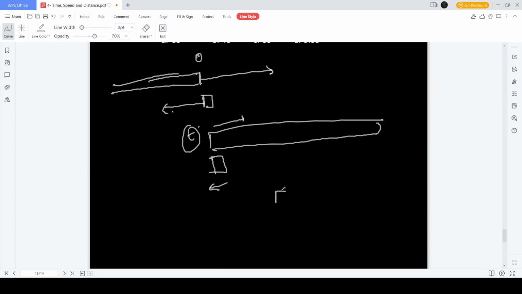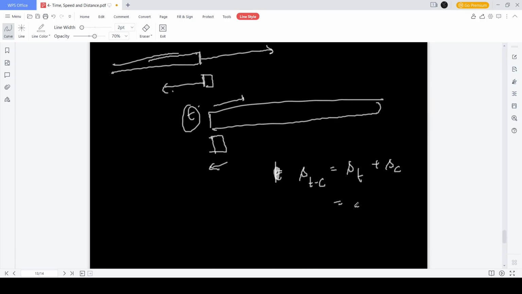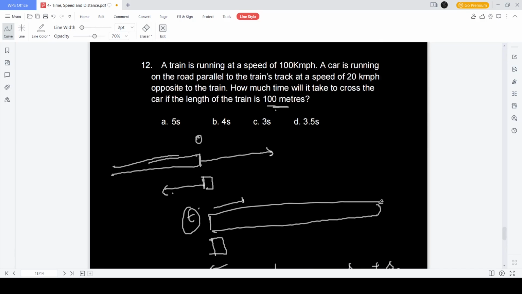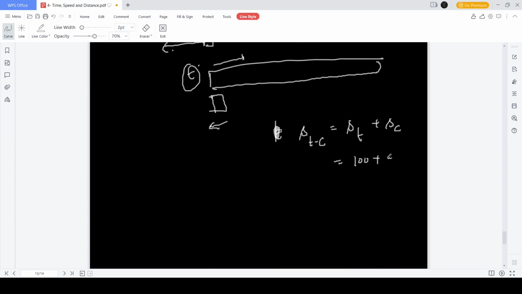Here relative speed of the train with respect to the car will be speed of the train plus speed of the car, because they are in opposite directions, okay. So the train will appear way faster than what it is, okay. So the train is 100 km per hour plus car is 20 km per hour, so this is 120 km per hour, okay.